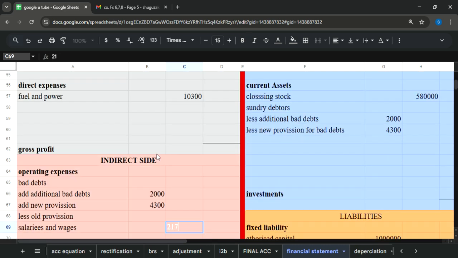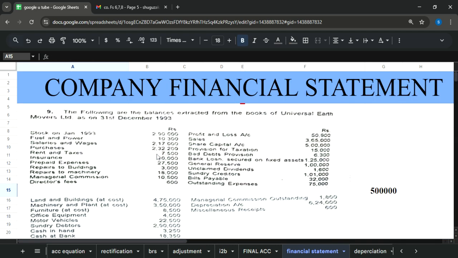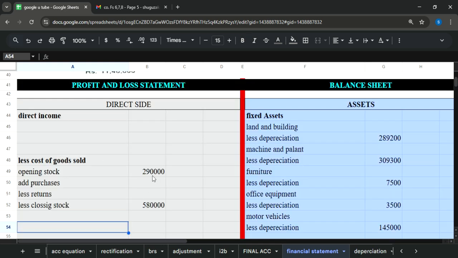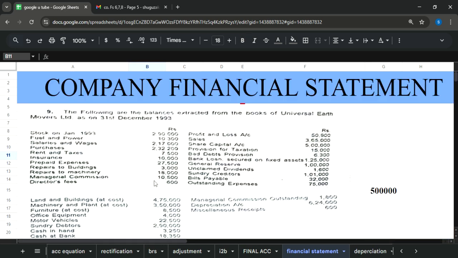So mention in operating expenses. Salaries and wages, and we need to go over here. After salaries, we have purchases, part of direct expense. So we'll go over here. Direct side, purchase place was already reserved.